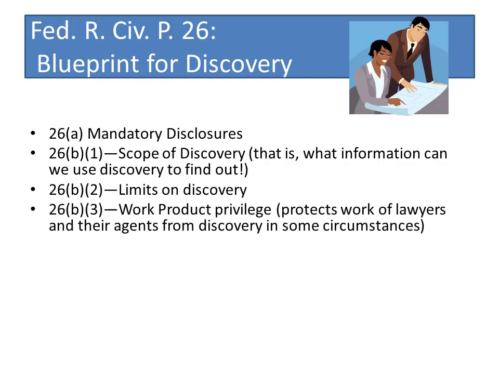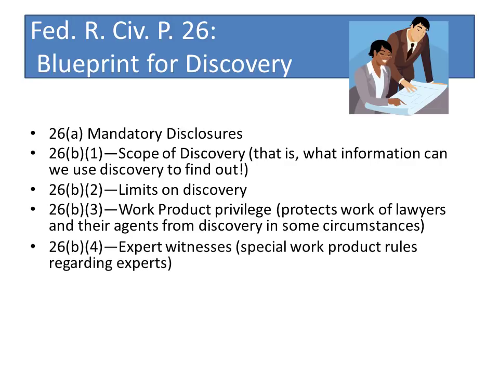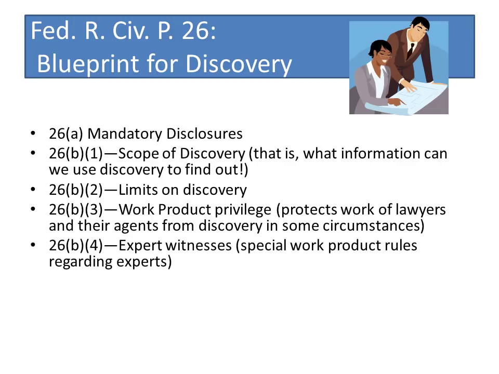26(b)(3) is the work product privilege, which is designed to promote that first policy we talked about, the adversarial one, by protecting the work of lawyers and their agents from discovery by the other side in some circumstances. So each of these provisions we're going to break down in more detail shortly. 26(b)(4) contains specific rules about expert witnesses, who are a special kind of work product, right?